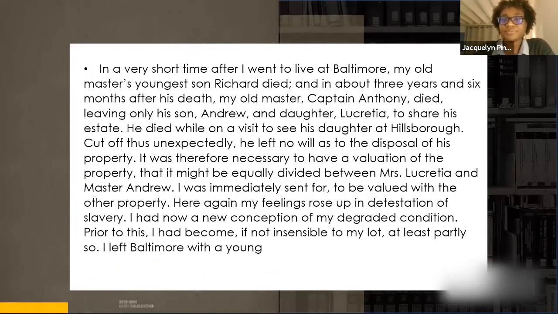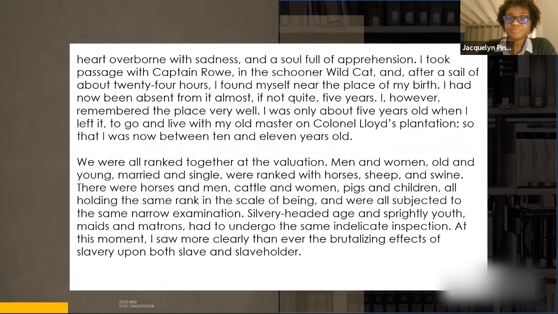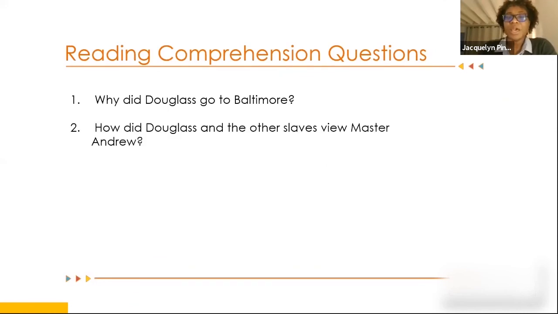Right? So he was sold there, right? Okay. He went there after his birth. How did Douglas and the other slaves view Master Andrew? What can we say?